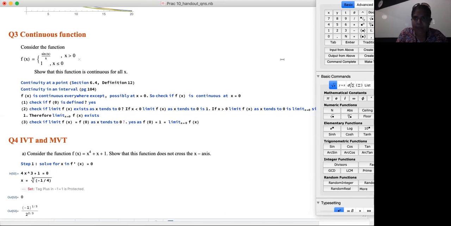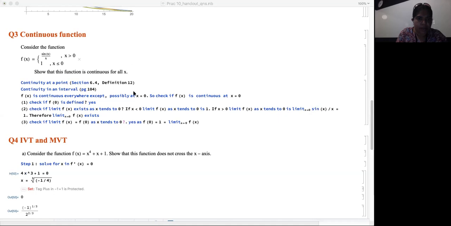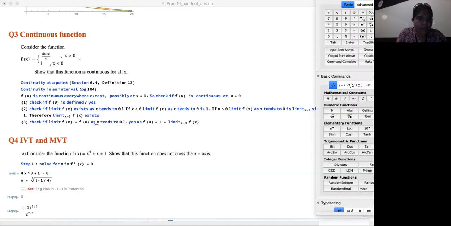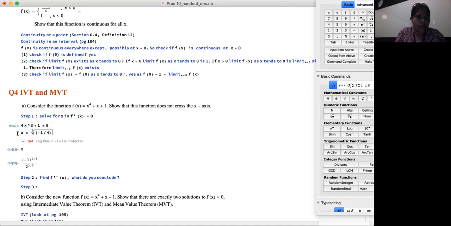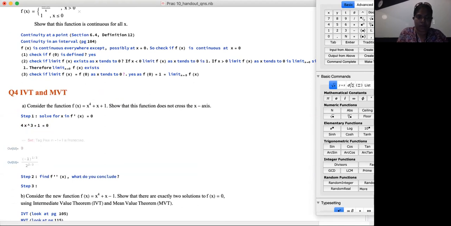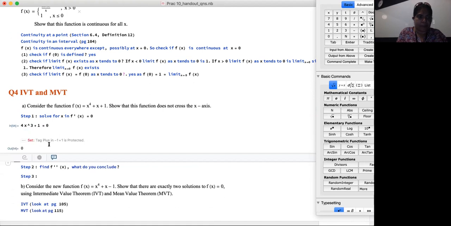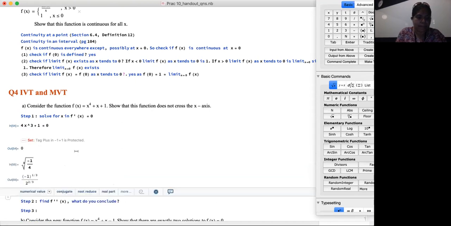I did this previously. Let me check. Yep, just one root.